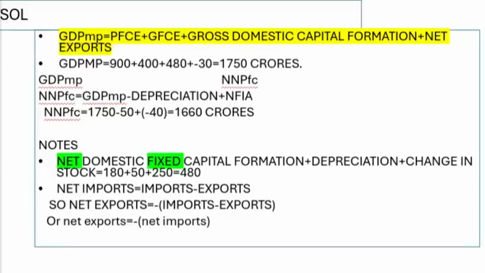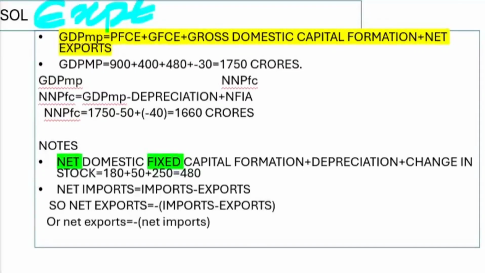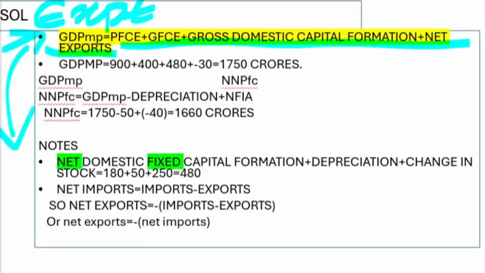So our golden formula, that is GDP-MP, is equal to PFC plus GFC, private final consumption expenditure. FC is actually final consumption expenditure, and the other terms. The term that we should take very seriously is gross domestic capital formation.